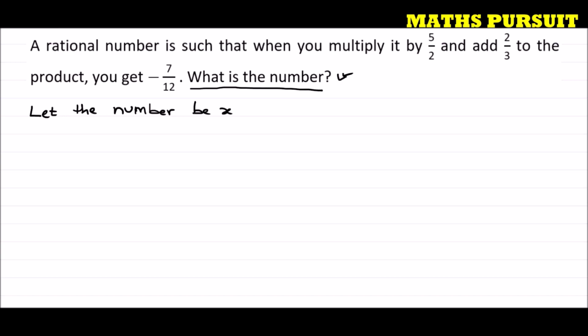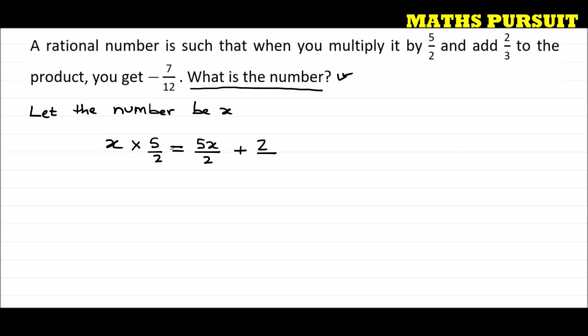Now, a rational number is such that when you multiply it by 5 by 2 and add 2 by 3 to the product. We have considered the number to be x, so when we multiply x into 5 by 2, we get 5x divided by 2.